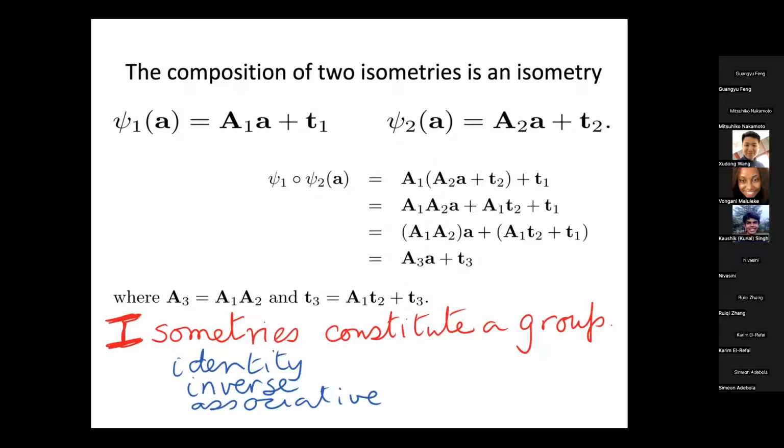If there's a rotation and translation, it turns out there is some rotation and translation which cancels it. And there's an identity element. What's the identity element for isometries? The rotation matrix should be an identity matrix. The translation vector should be a zero vector. Okay, so that's the identity corresponding to this.